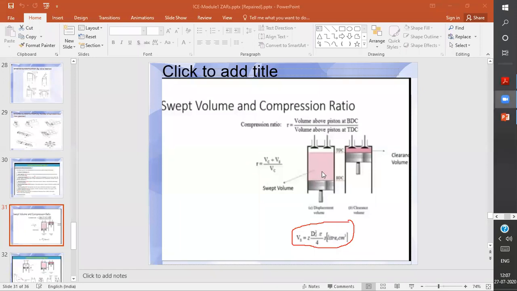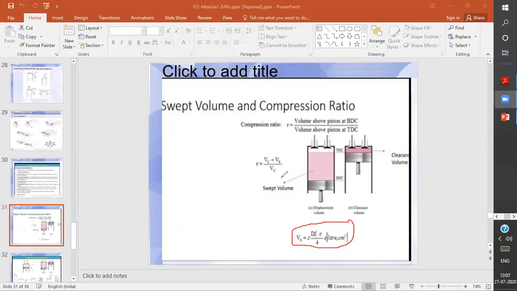So that is the area of the circle of the piston. Multiplied by the length, the stroke length will give you the swept volume.